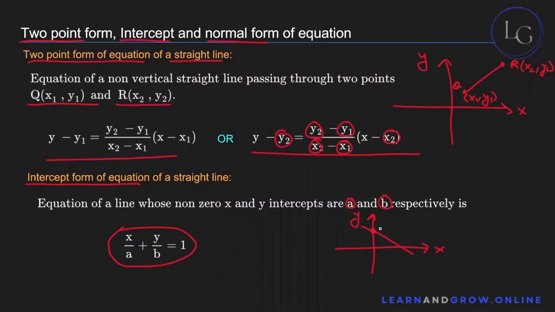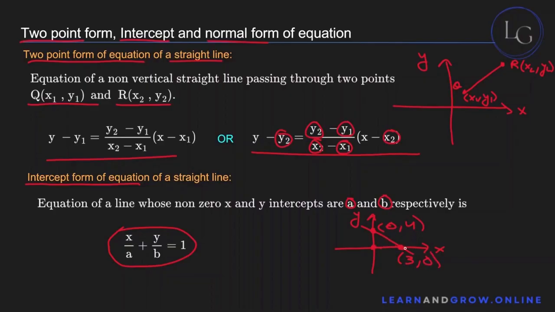The x value at the y-intercept is 0, and the y-intercept point is, let's say, 4. And over here, the x-intercept, the x value would be, let's say, 3, and the y value will be 0 because it's in alignment with the origin.